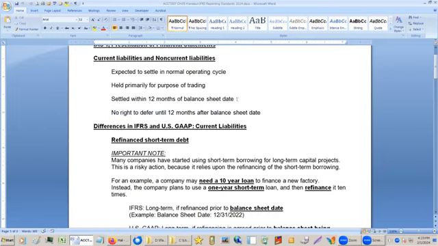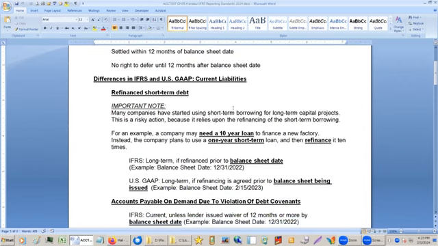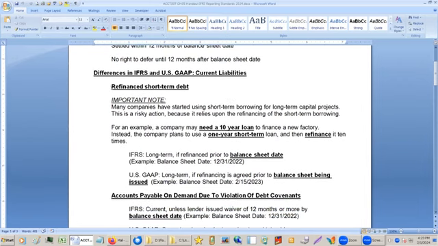refinancing thing. Now, here's where it gets a little bit sticky. Refinancing short-term debt. There's a current trend that is, actually, we're having a little trouble with it now, but what companies were doing is, usually long-term debt, you have to pay a higher interest rate.